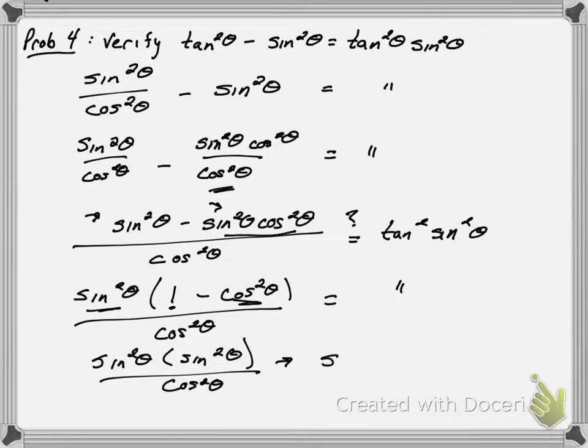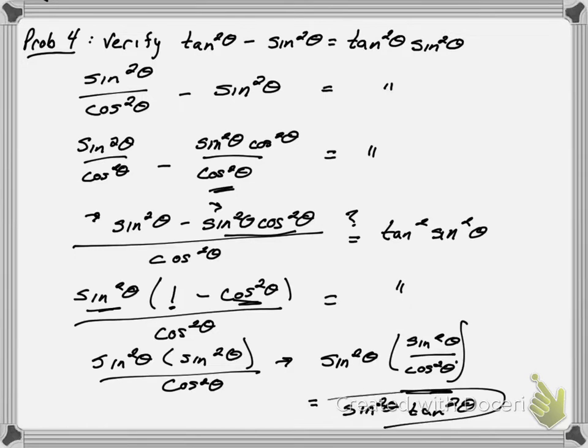So when I pull sine squared theta out, what am I left with? I'm left with just sine squared theta divided by cosine squared theta. And just like we've talked about all along, what's sine squared theta divided by cosine squared theta? That gives me sine squared theta times tangent squared theta. See how they match? Crazy, I know.